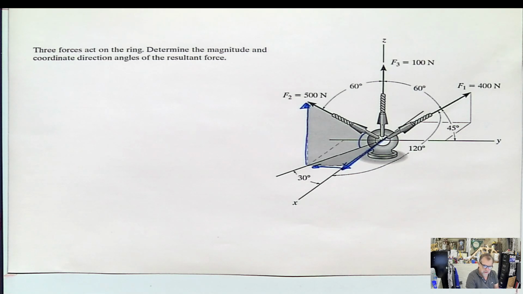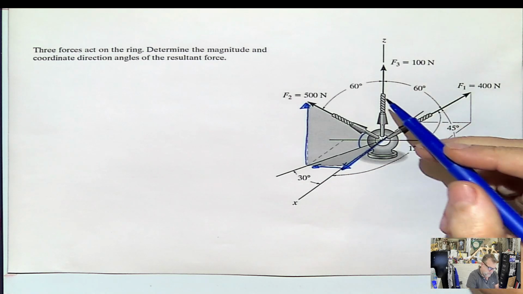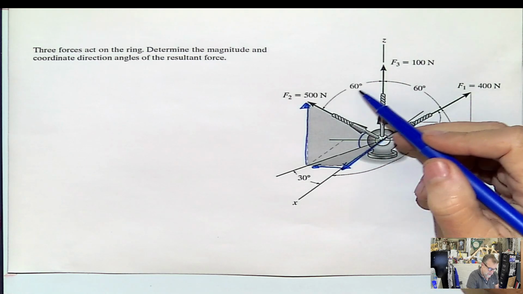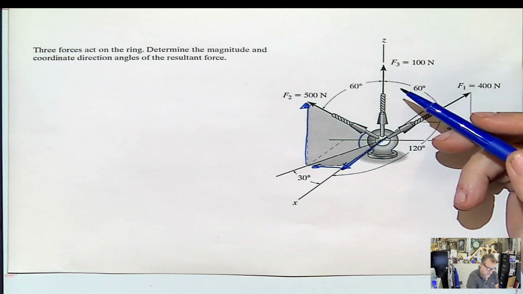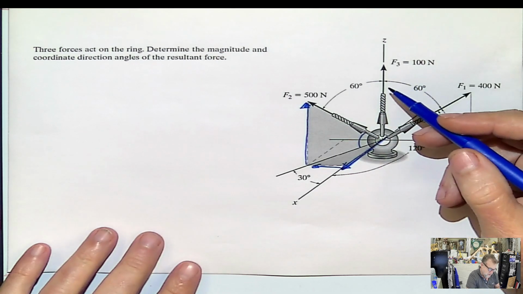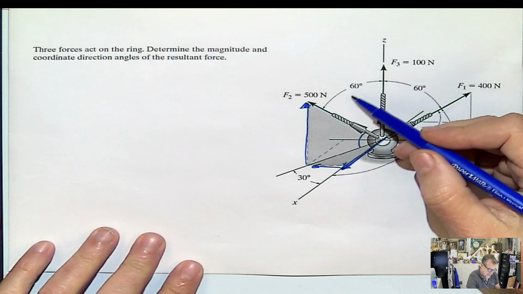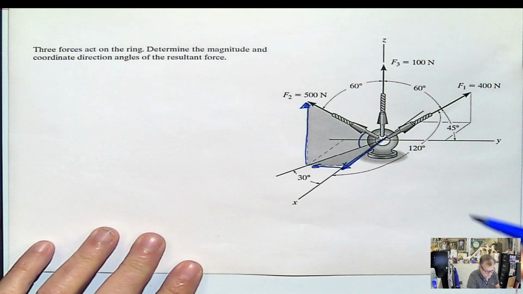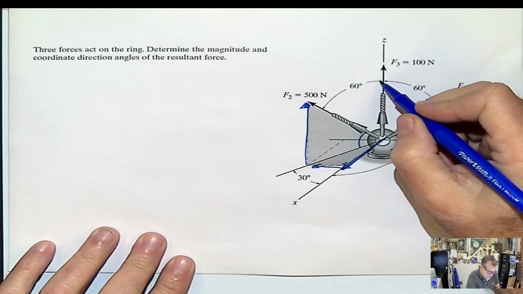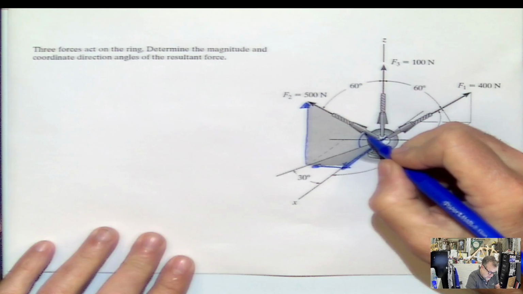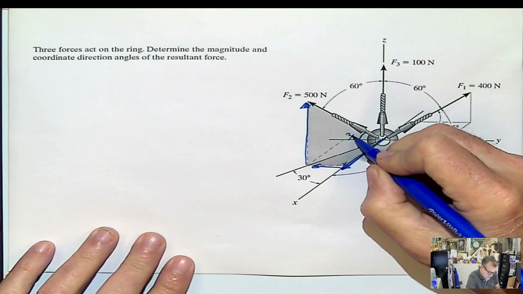It's not really the best drawing, because you see this 60 here, the way it is expressed, it looks like it's one of the coordinate direction angles. And no, this is just the angle that the force and the axis made. So that could be one of the projection angles, but it's not. And this 60 is just to tell you that this angle here is 30 degrees.